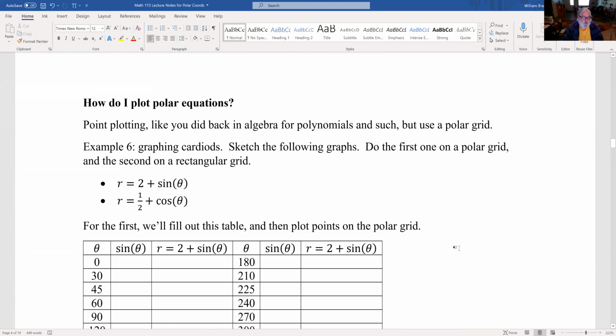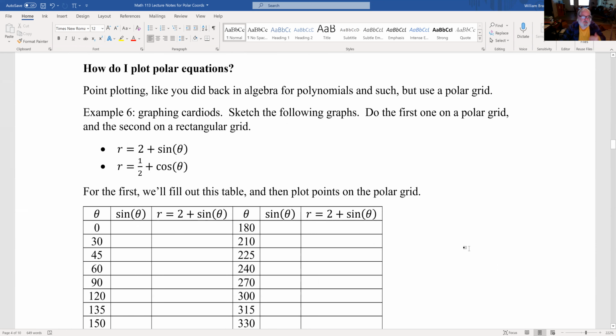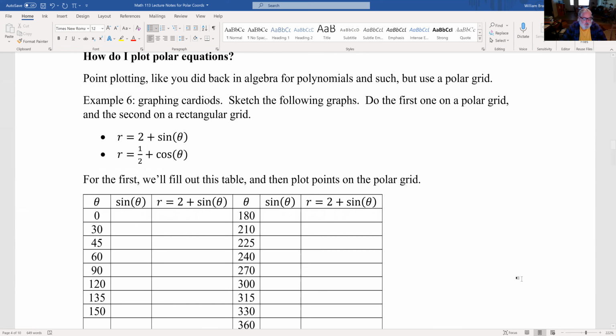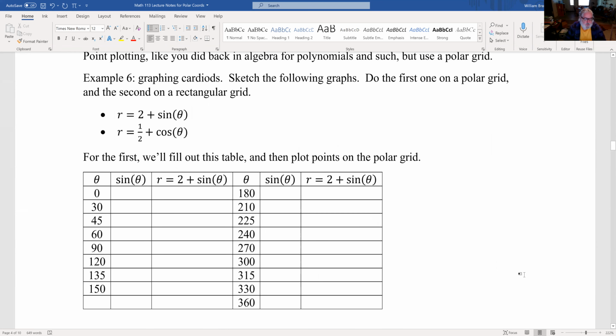So how do you plot polar equations? You plot polar equations by plotting points and then connecting the dots. So cardioids are things of this formula. It's r equals a number plus sine theta or a number plus cosine theta. So how do you plot these? Well, 2 plus sine theta, we'll plot that first.